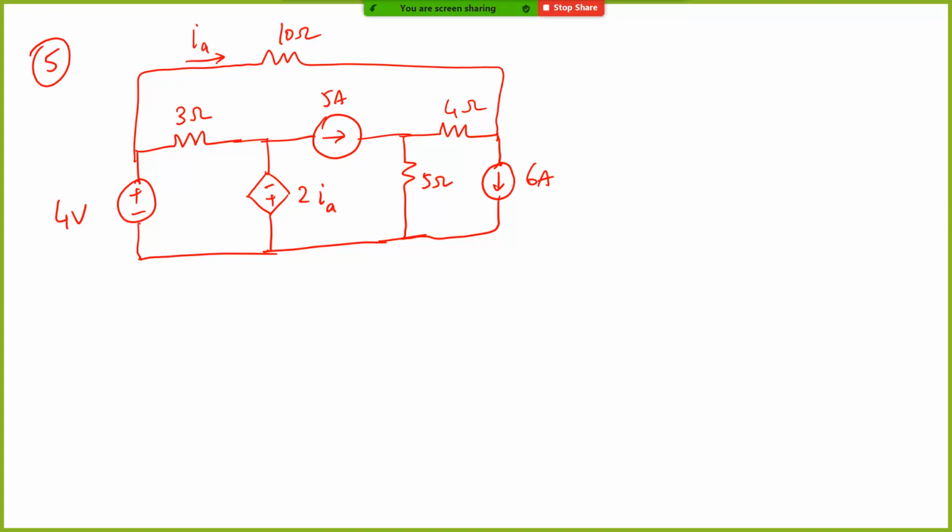Okay, so this is the circuit, and the question is basically determine the power absorbed by the 10 ohm resistor.